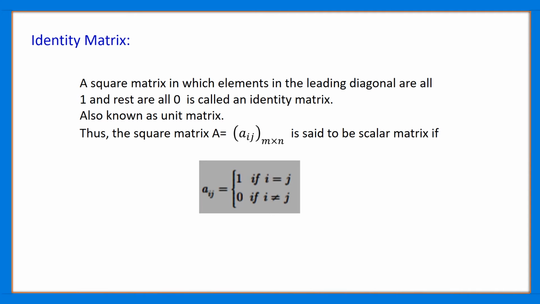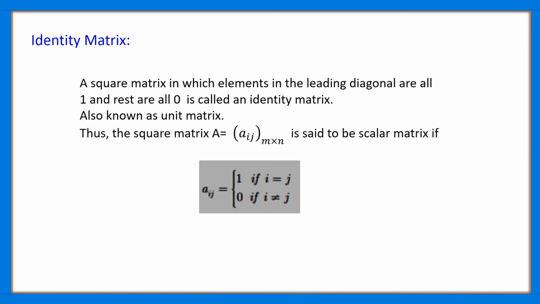Okay, here comes the next type of matrix, the identity matrix. So far, we have seen what a scalar matrix and a diagonal matrix are. What happens if, in a scalar matrix, the k value takes 1? Then the diagonal elements will be 1 and the rest of the elements will be 0, right?